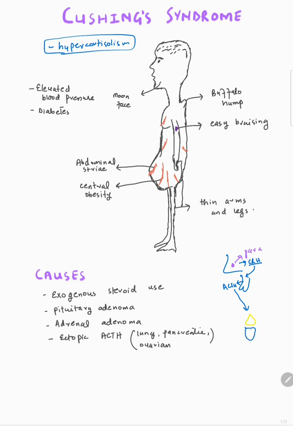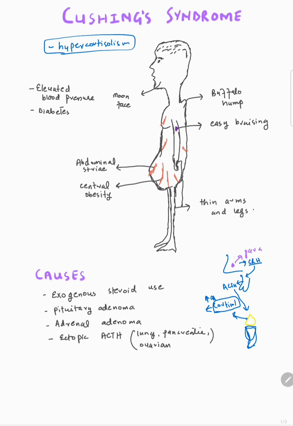So if this is the kidney, on top of it is the adrenal gland. The ACTH acts on the adrenal gland, and the adrenal gland, in response to the ACTH, produces cortisol. So anything that would cause very increased cortisol would cause Cushing's syndrome.